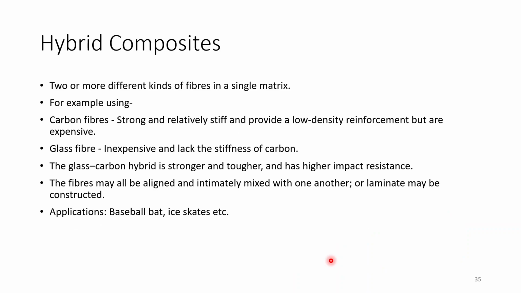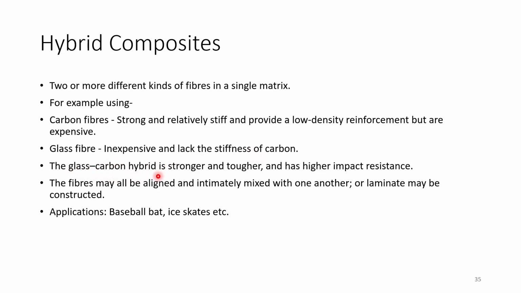Next we have hybrid composites. These have two or more different kinds of fibers in a single matrix. For example, carbon fibers are strong and relatively stiff and provide low density reinforcement, but these are expensive. Glass fibers are inexpensive, and they lack the stiffness of carbon.